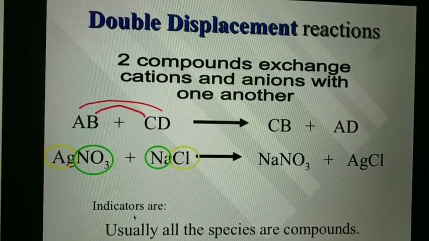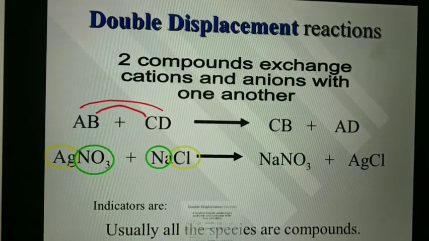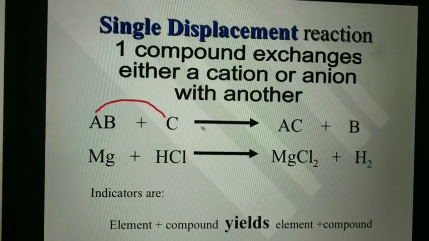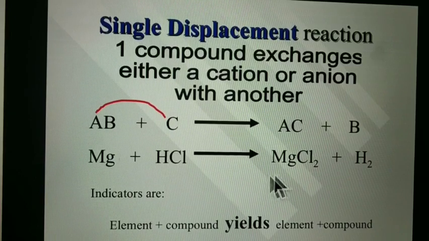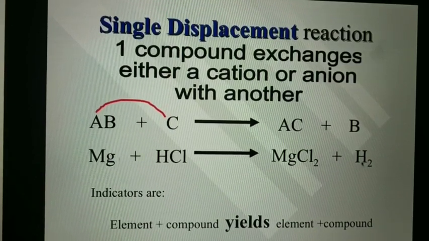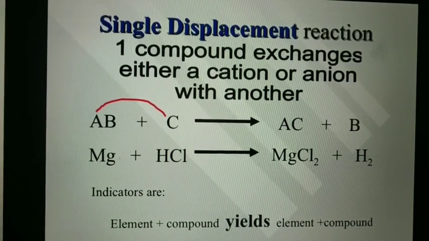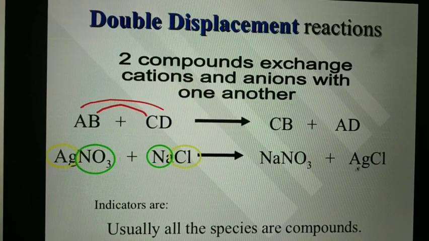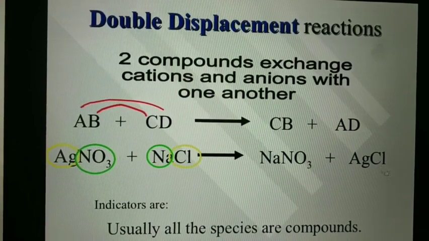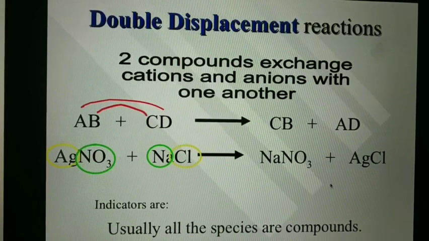Okay. Usually all these species are compounds. But in a displacement reaction you see only one is a compound and the other one is an element. Means if element plus compound is there, it is single displacement, and if both the products are compounds, then that is a double displacement reaction.